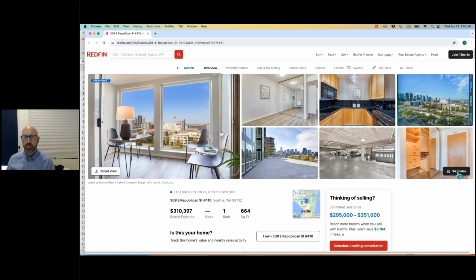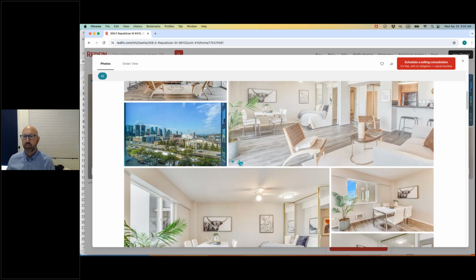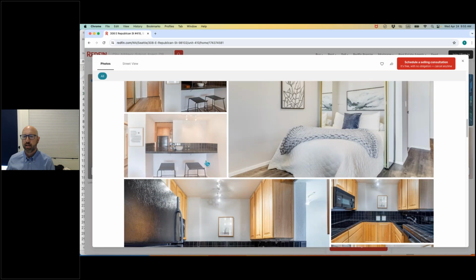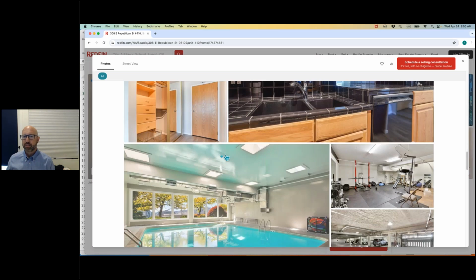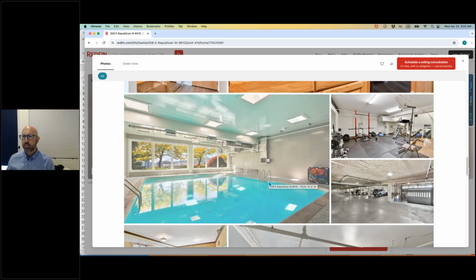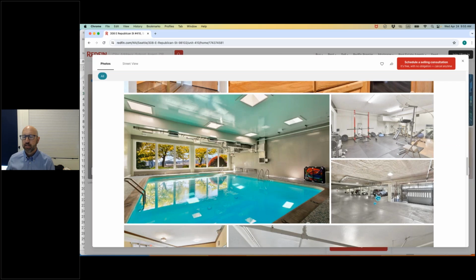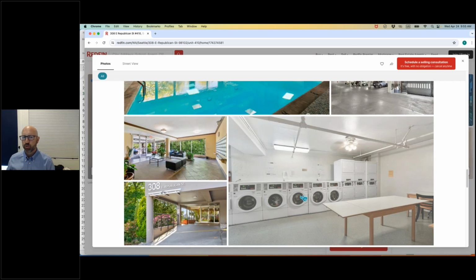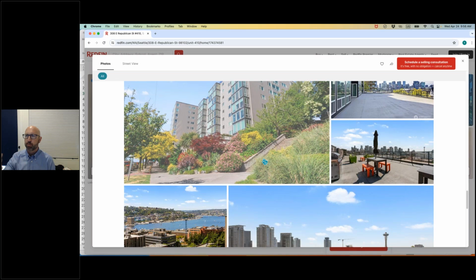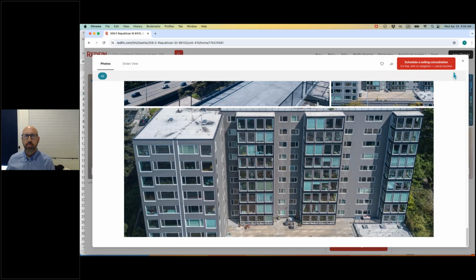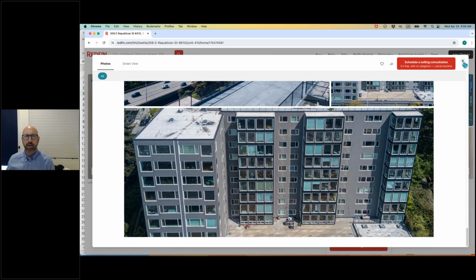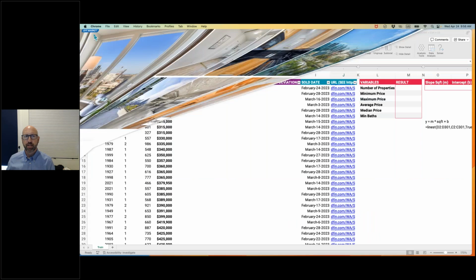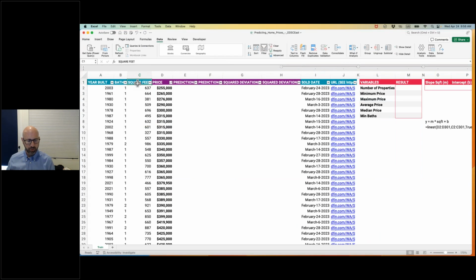We can look at some of the pictures, so you can see that the kitchen and the bathroom seem to be fairly new. It has some amenities like a swimming pool, a gym, parking, and it seems to have a shared laundry room, so you don't have it inside the property, etc. All these things are going to make the price of the property go either up or down depending on what these features are. We're not going to cover all those features today, but we will cover a handful of them, specifically the year built, the number of bathrooms, and the square footage.